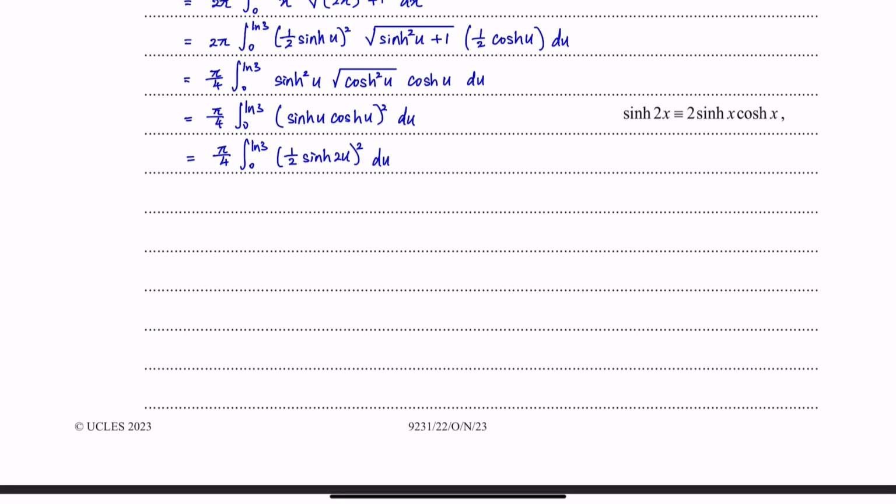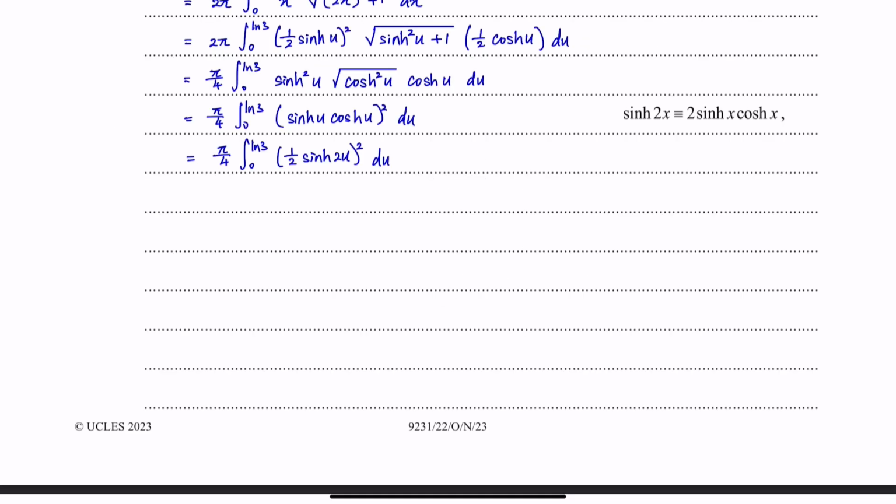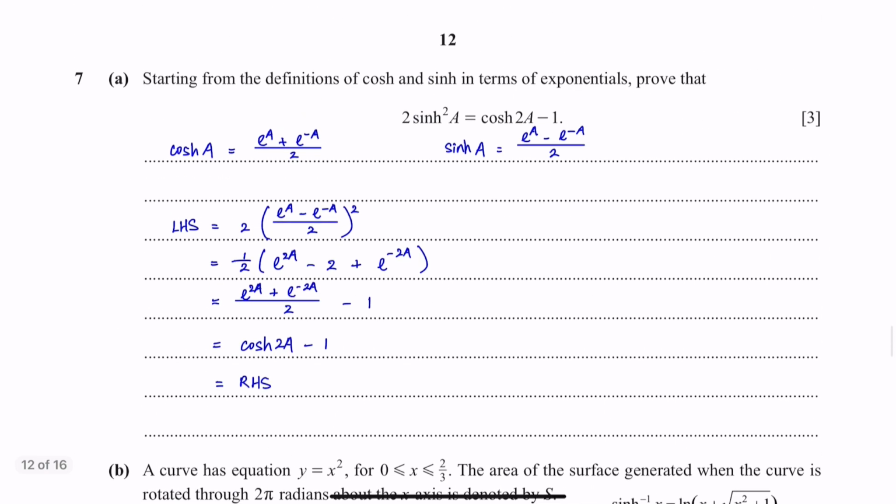And sine 2u, okay, we have just proven that 2 sine squared a equals cos 2a minus 1.